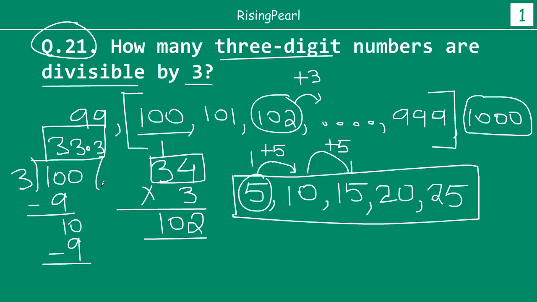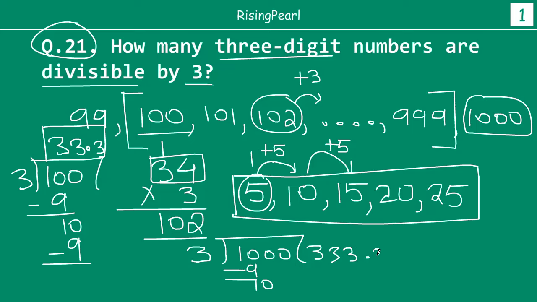If we divide 1000 by 3, we will get 333.3.